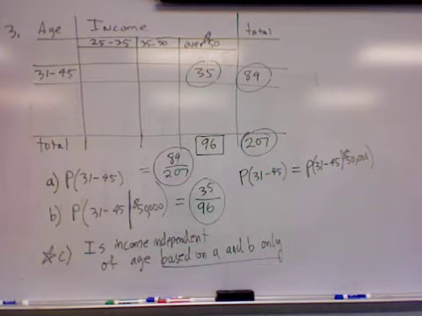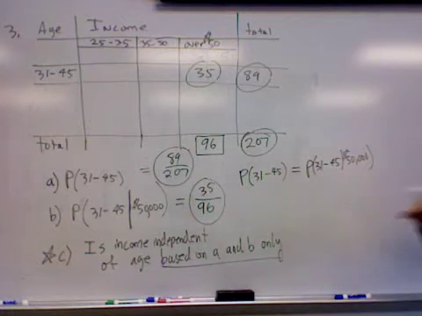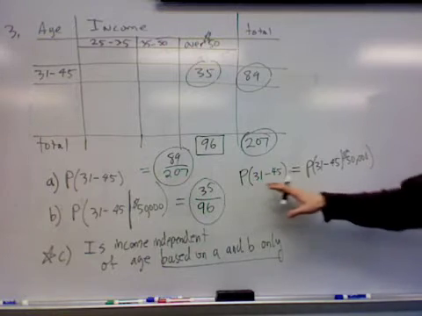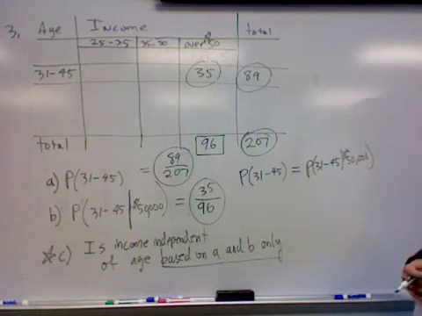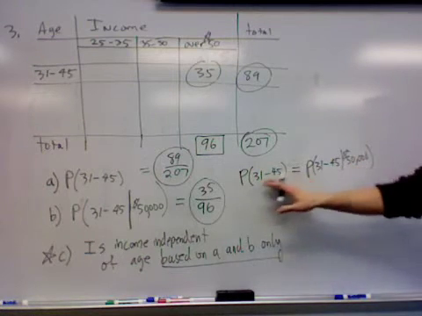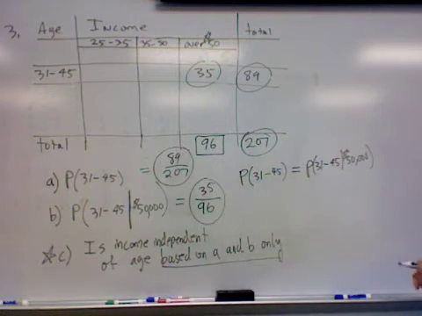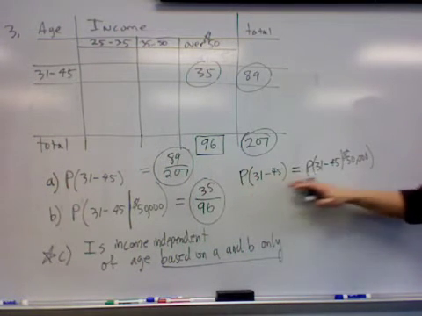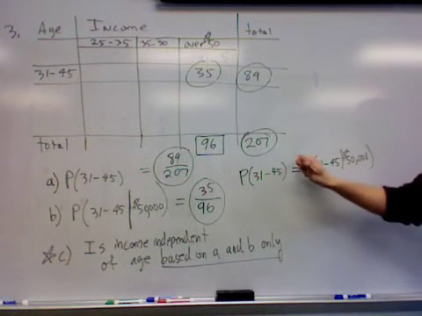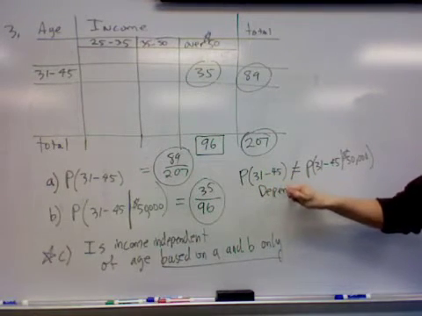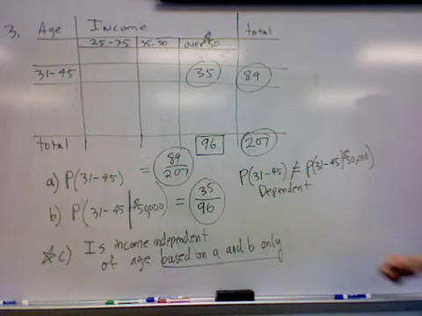So if they were independent, the probabilities would actually be the same, because it wouldn't make a difference if you knew the person made $50,000 or not. Regardless of that fact, the two probabilities would be exactly the same. So if they were independent, this would be true. But as it turns out, these events are dependent because those two probabilities are not the same.